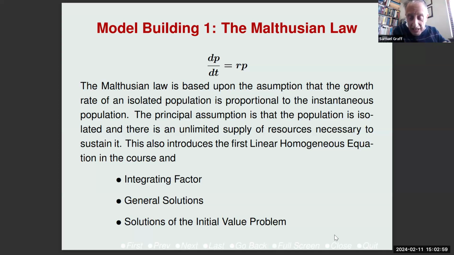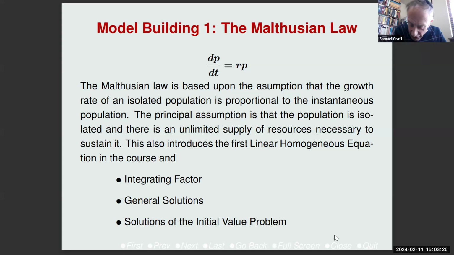So the population growth problem is one that presents a lot of opportunities to introduce many techniques in differential equations. And you start with the simple Malthusian law. And of course, we all know that says the change of a population is proportional to the instantaneous population present.